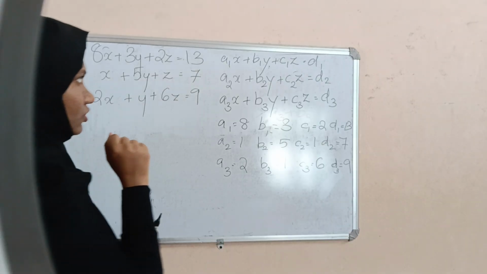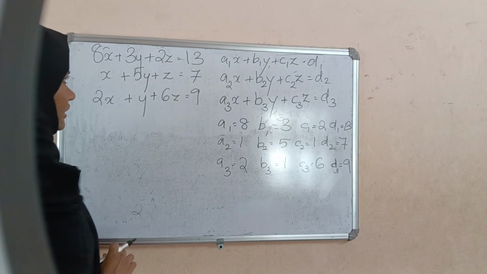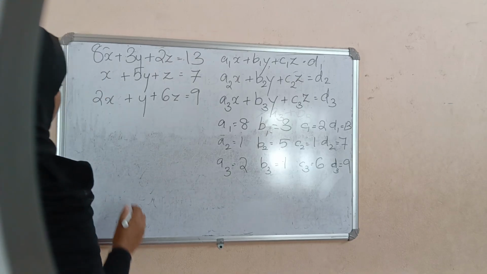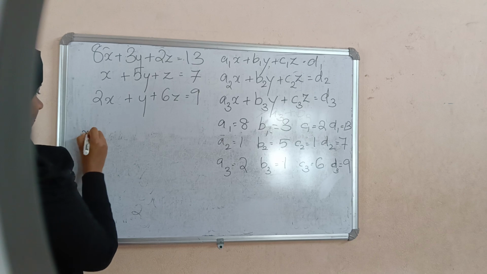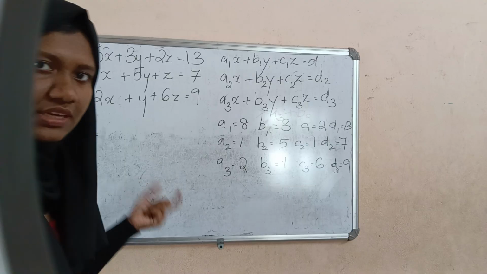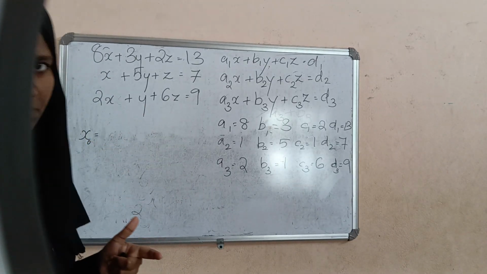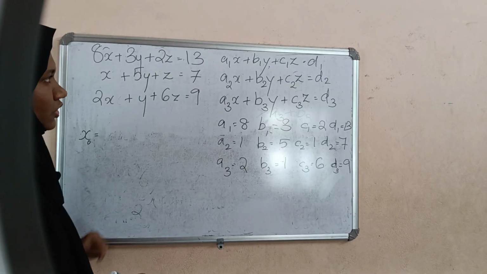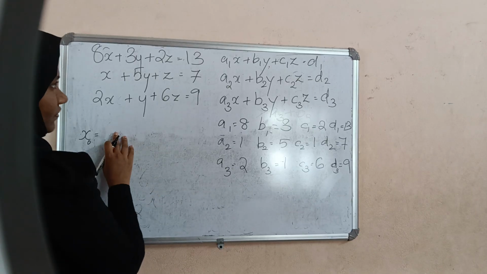If we are going to find x, which is the x0 value, the initial values, we are going to find x0, y0 and z0. For x0, see here, d1.